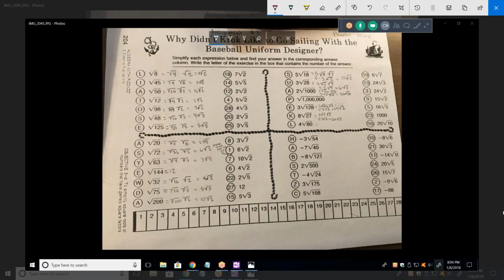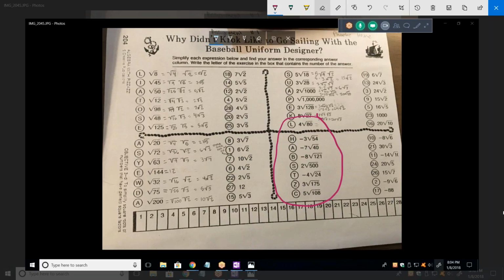Well, those are the answers. In other words, 19 is already simplified. Oh, so the ones we want to do are these. Those have to be simplified, and the numbered problems are the answers to the letters.